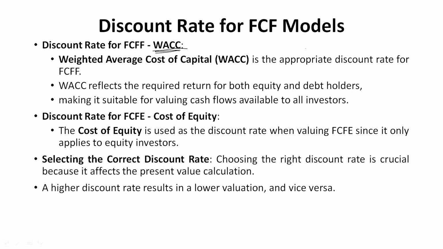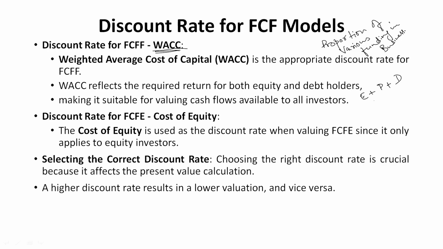It is based upon the proportion of various funding in business. So let us assume what the different funding in business are. You have equity shares, you have preference shares, you have long-term debt. Let us assume these are the three major things.